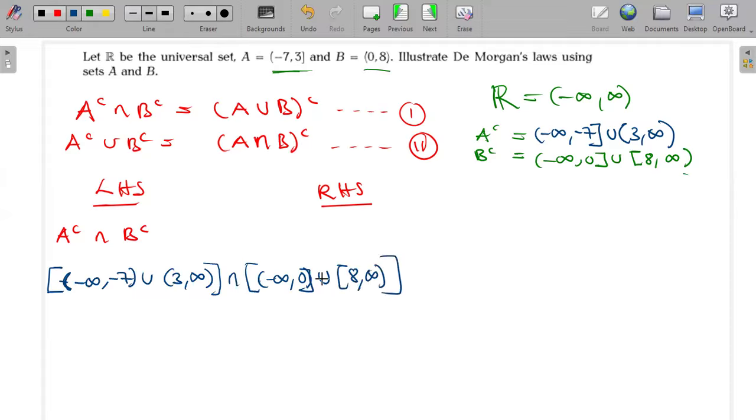So this here is your left-hand side. Let me just move my right-hand side somewhere here.